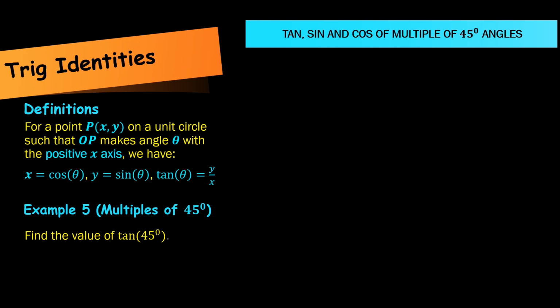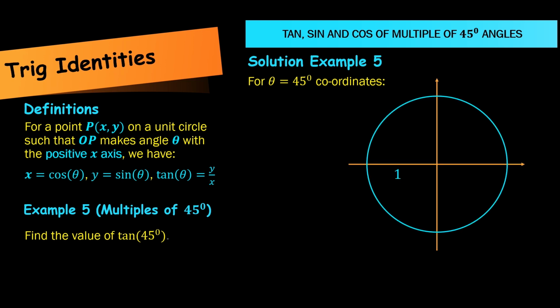So now we're ready to find the value of tan 45 degrees. For theta equals 45 degrees, remember we had the coordinates 1 over root 2, 1 over root 2.